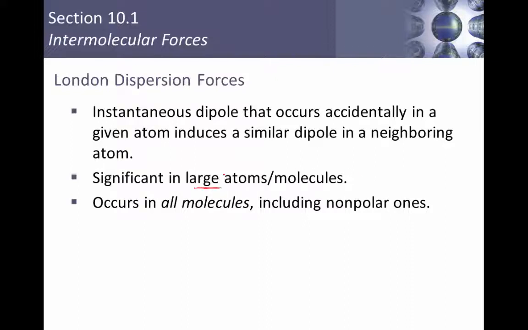But all it is, is that we get an instantaneous dipole just due to the electrons in motion, accidentally forming dipoles, and these happen in all substances, okay? And so we know nonpolar substances have London dispersion forces. We know polar substances have dipole-dipole forces, and if the polar substance is hydrogen bonded to F, O, or N, then you have hydrogen bonding.